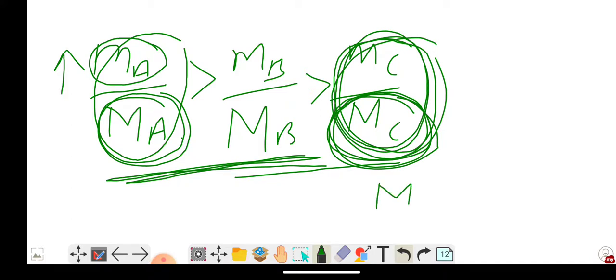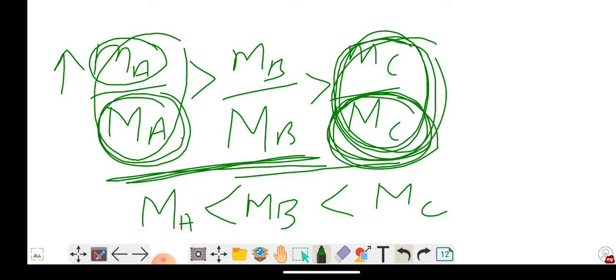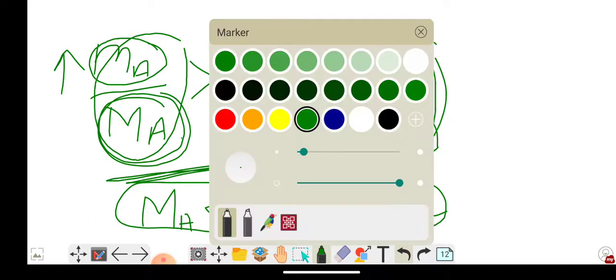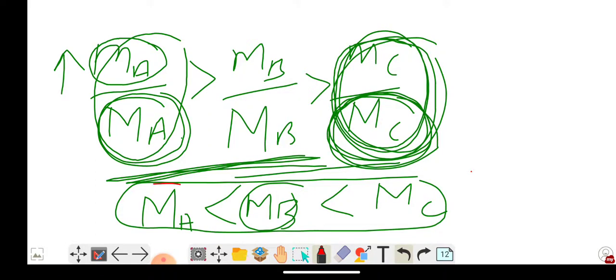In this way, Mc is greater than Mb is greater than Ma, that is, molar mass of C is greater than molar mass of B is greater than molar mass of A. So in this way, we can solve the question through the V and T curve. Thank you very much.